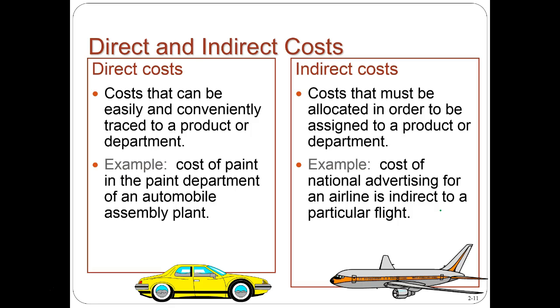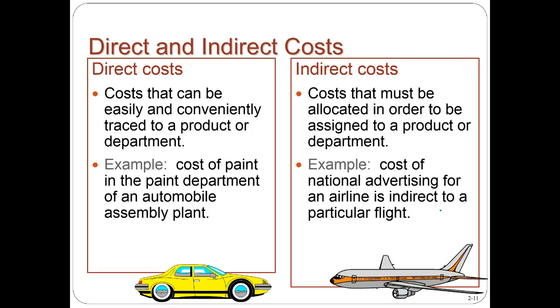We're going to need to use some ratio to allocate the costs out, and that's where activity-based costing will take place. One air traffic volume might be larger than another, and we need to somehow account for that difference and allocate these costs out.